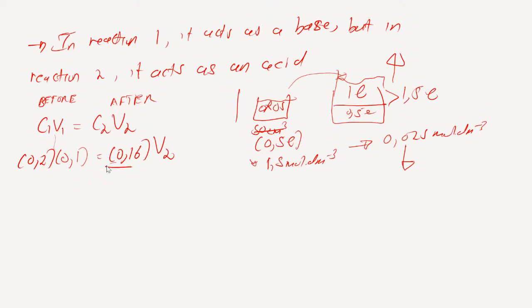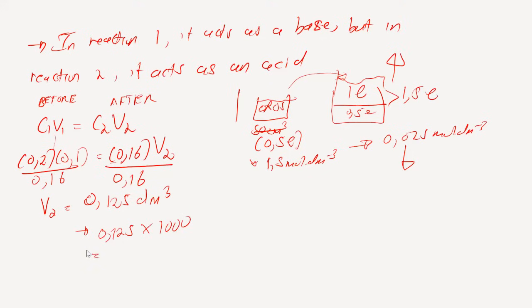To find V2, we divide both sides by 0.16 and punch it in the calculator: 0.2 times 0.1 divided by 0.16, which is 0.125 dm³. If you want it in cm³, multiply by 1,000 to get 125 cm³. So it increased from 100 cm³ to 125 cm³, which means they added 25 cm³ of water.